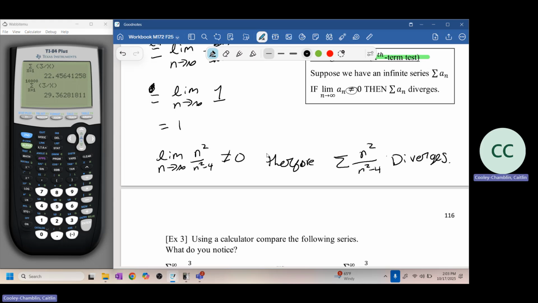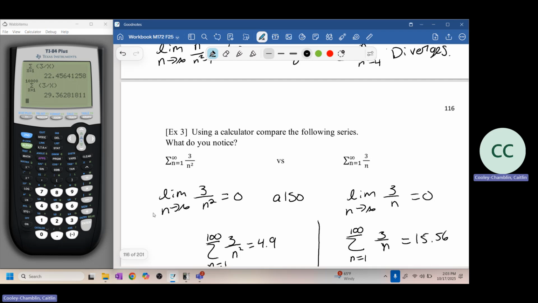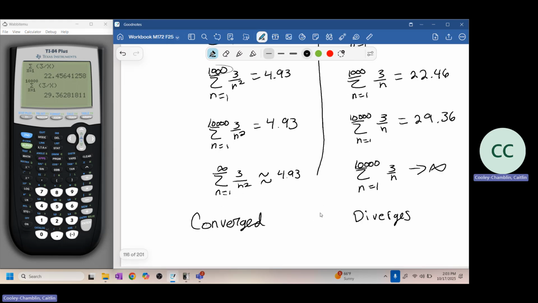We were done. We didn't have to do anything else. However, on example 3, we have two series where, when we do the divergence test, we don't have any information about them, so we have to do a little bit more work.